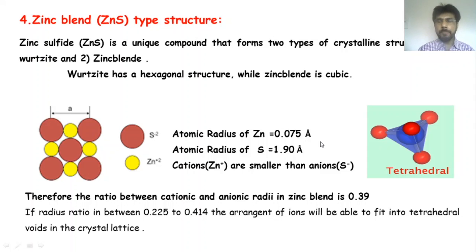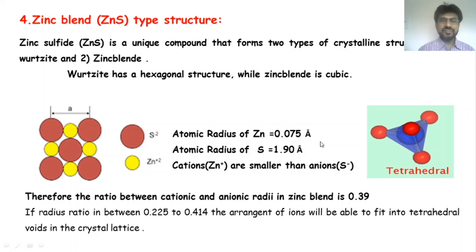And according to the ratio of the atomic radius, the observation says that if the radius ratio is in between 0.225 to 0.414, then the arrangement of the ions will be able to fit into the tetrahedral voids in the crystal structure.